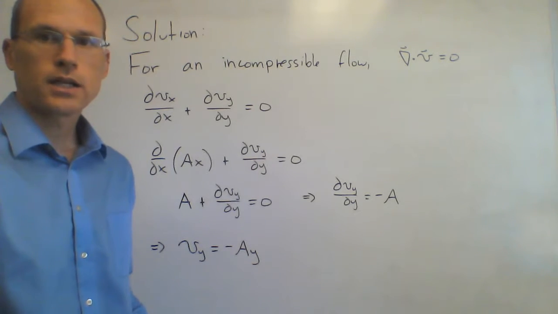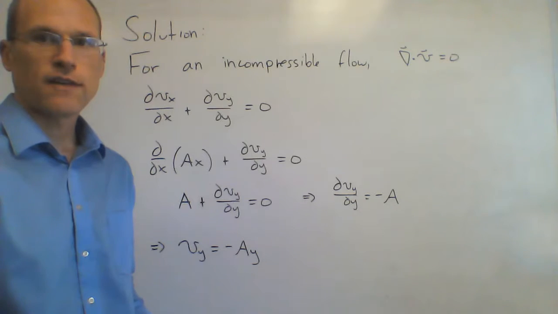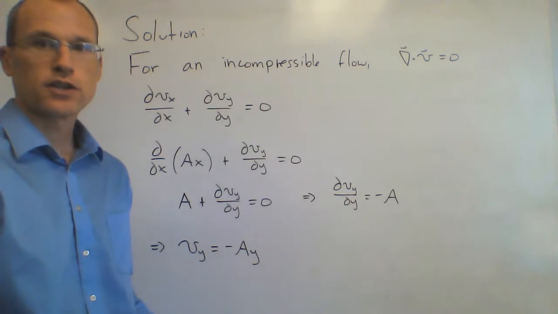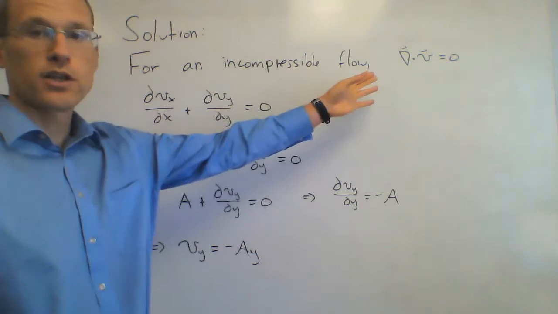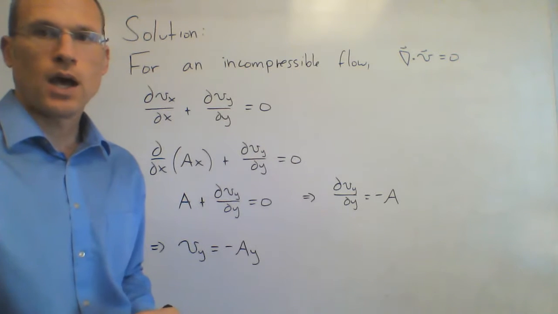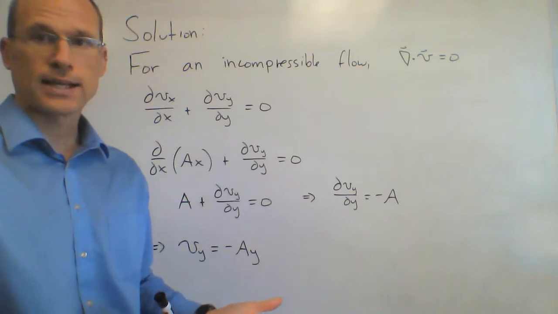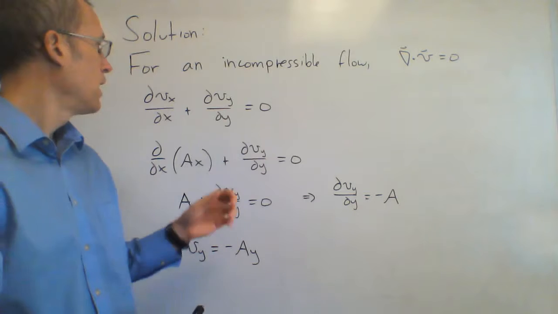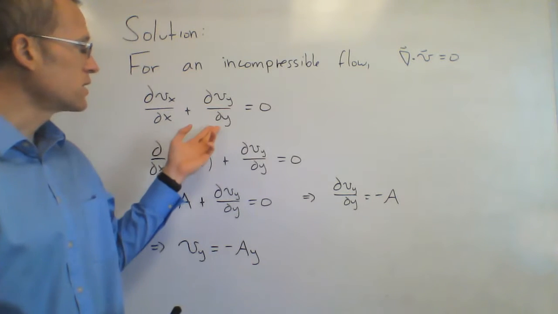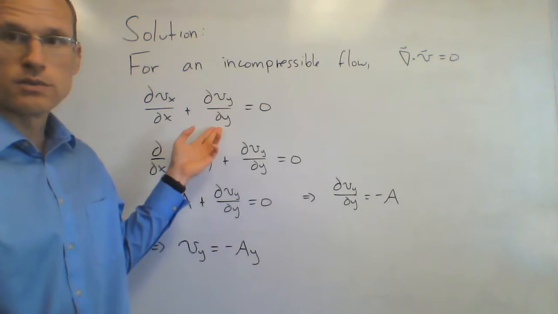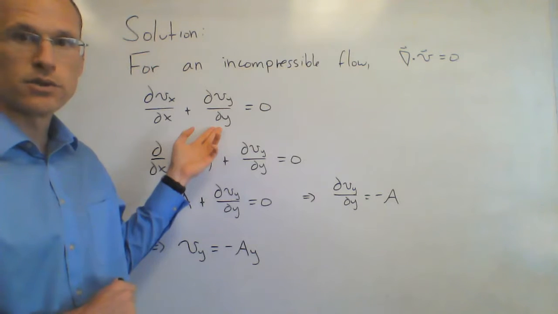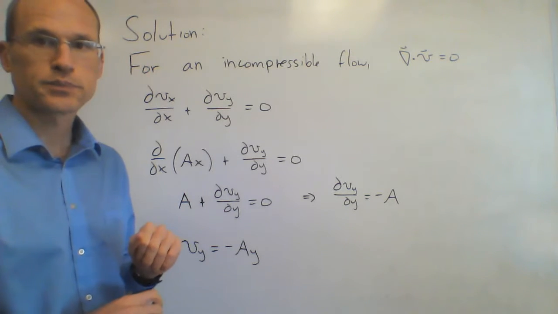So, solution to this one: the flow is incompressible. So to satisfy conservation of mass, I need the divergence of velocity to be 0. Because this is a two-dimensional flow in the xy plane, there's no z component, so all I have is dvx/dx plus dvy/dy equals 0.